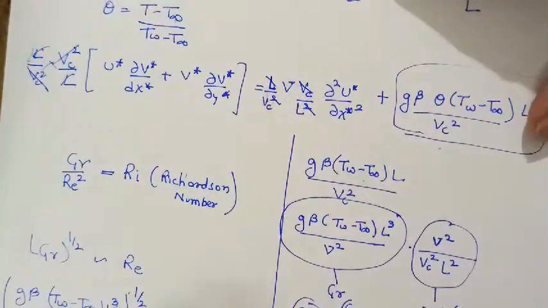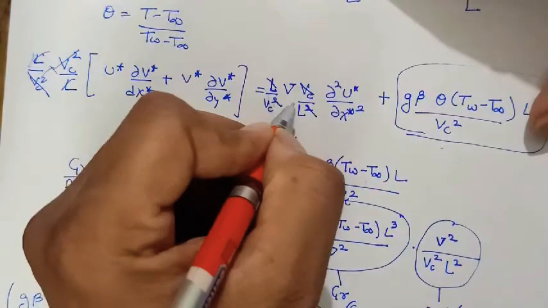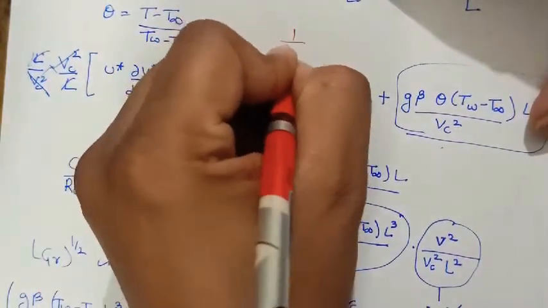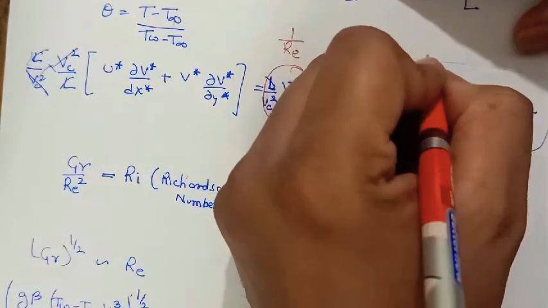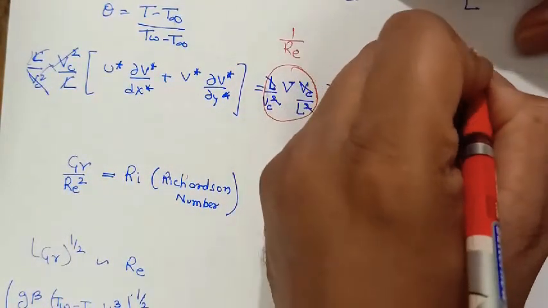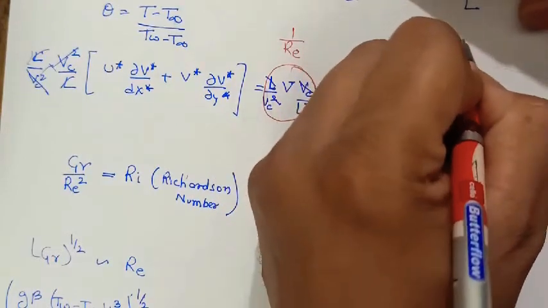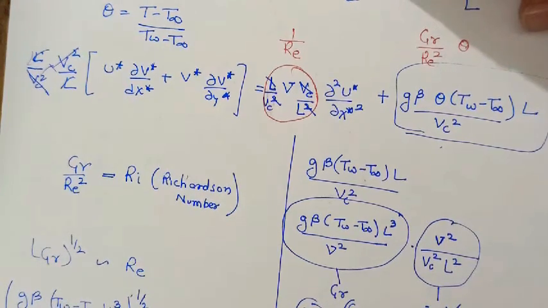And if you see, this can be written as 1 by Reynolds number, and this can be written as Gr by Reynolds number square, right, into theta, right?